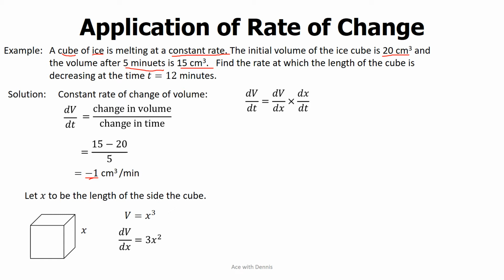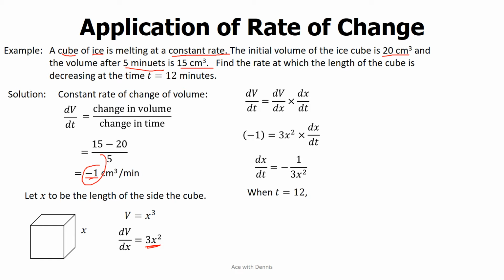Now we apply the chain rule: dV over dt equals dV over dx times dx over dt. So substitute dV over dt as negative 1, which is this one, and dV over dx as 3x squared, which we get from here, times dx over dt. We can get dx over dt equals negative 1 over 3x squared.